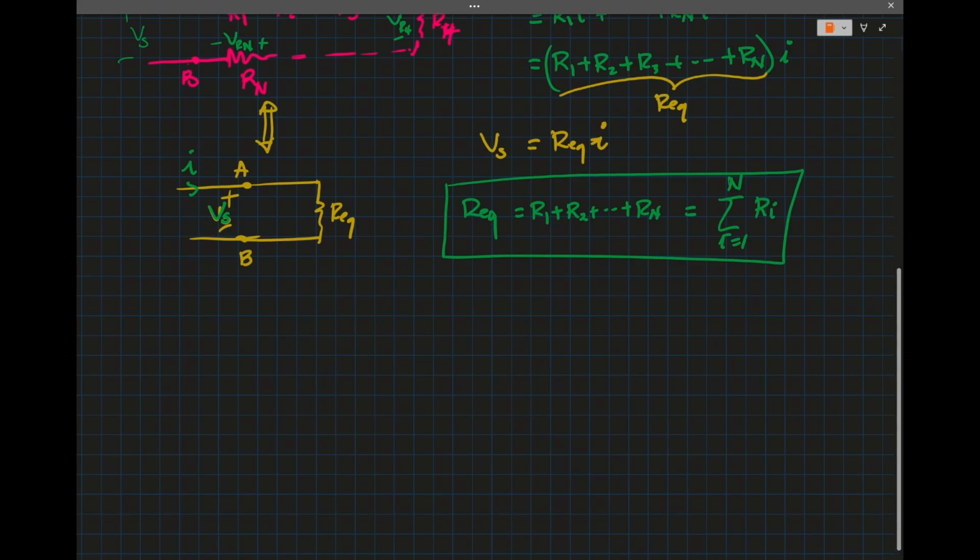Now let's talk about parallel resistances.